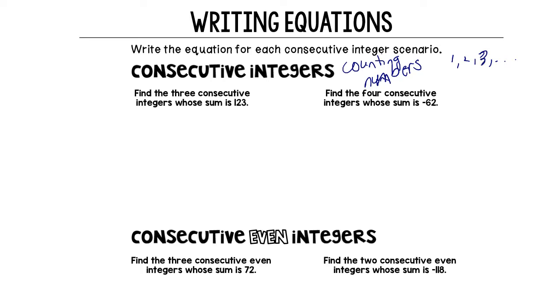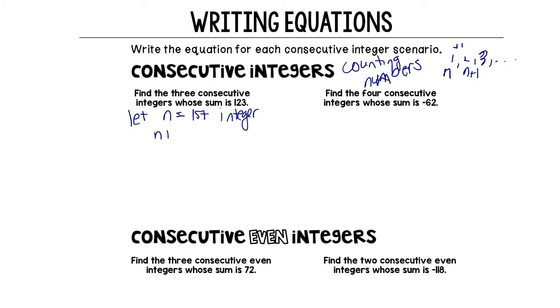Okay. So find the 3 consecutive integers whose sum is 123. Well, we're going to let n equal the first integer. Then to get from 1 to 2, we add 1.